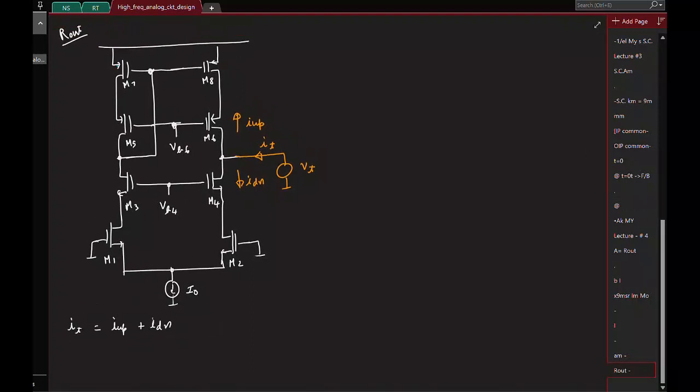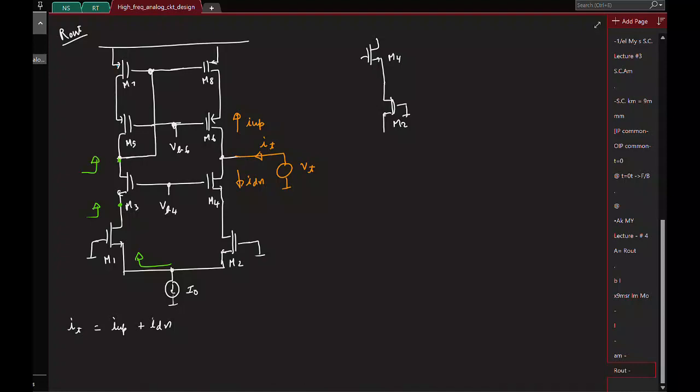If you look at the downside, you have M4 and then M2, and then whatever impedance is here. What is this impedance? It is 1 by GM if this drain is at a low impedance. What is the impedance at this drain? 1 by GM3, again if this drain is at a low impedance.